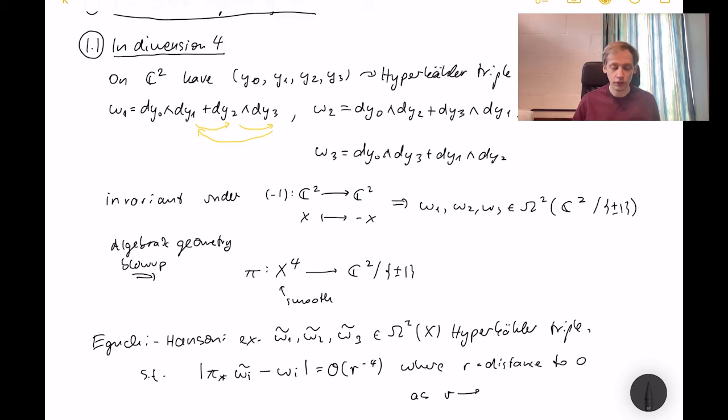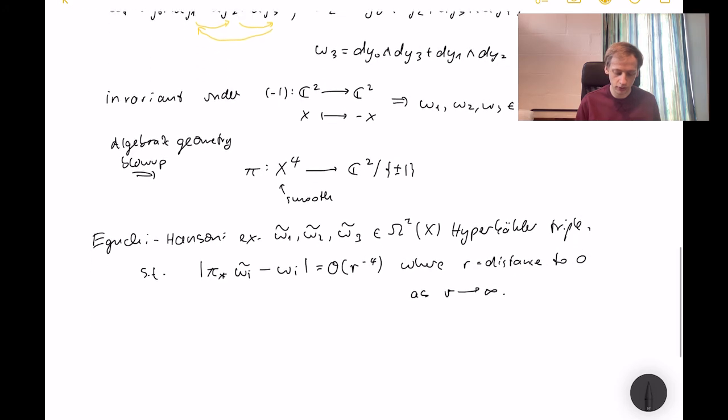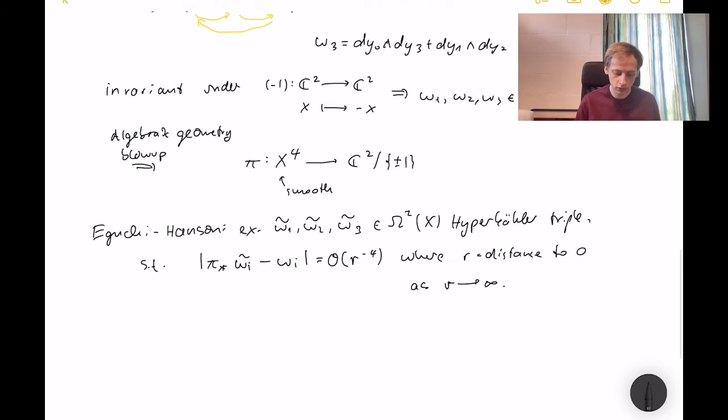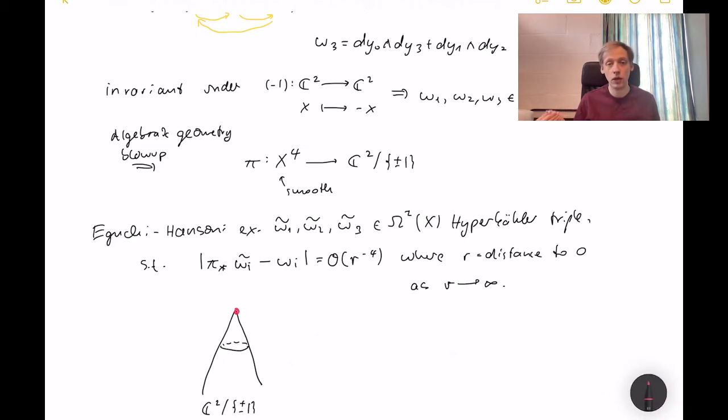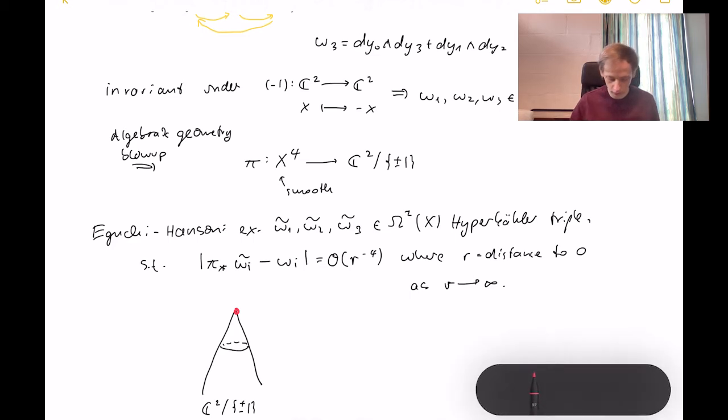So the picture for that is the following. We have our singular space here, C2 mod plus minus 1, which has this singular point here, and then comes the blow-up, which gives us a map from the blow-up to the singular space.